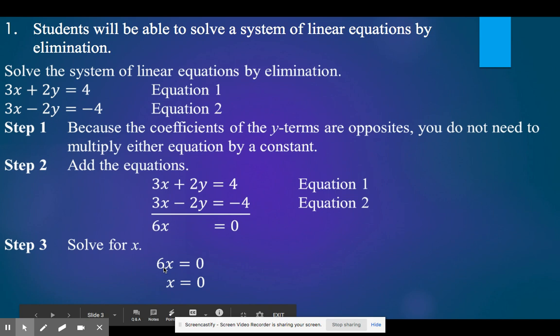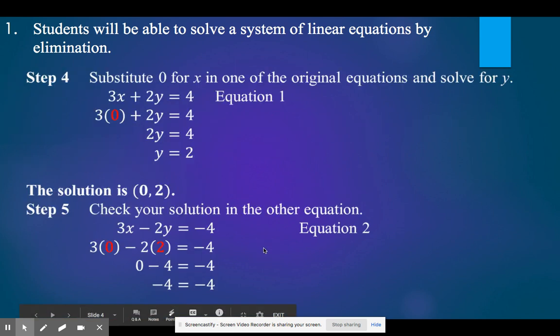Step 3, let's solve for x. So we're going to divide by 6 on both sides to get x isolated, and you will end up with 0. So we know that our two equations will cross at the point when x is 0. So now let's go to step 4 and solve for y. We're going to substitute 0 in for x in one of the original equations. You can choose the first equation or the second equation, it does not matter.